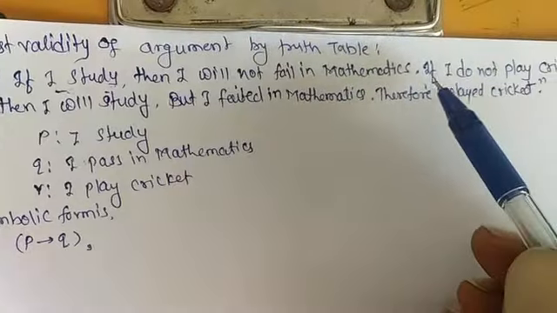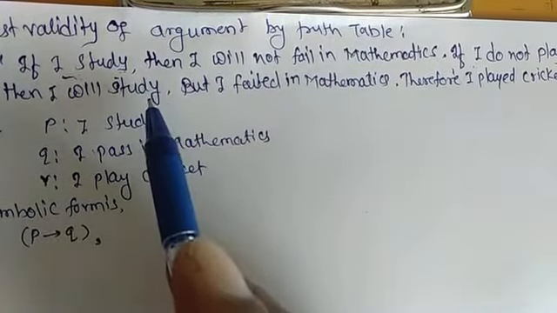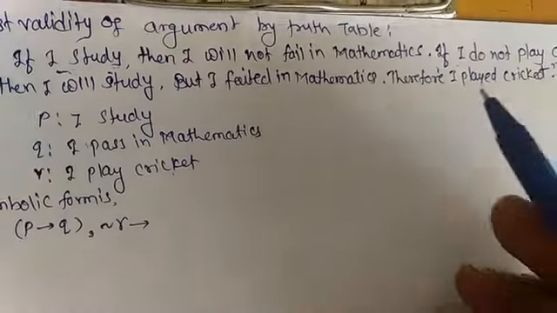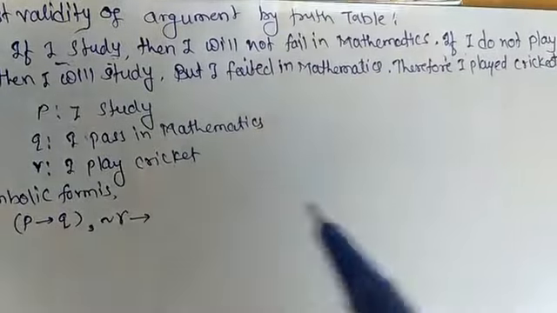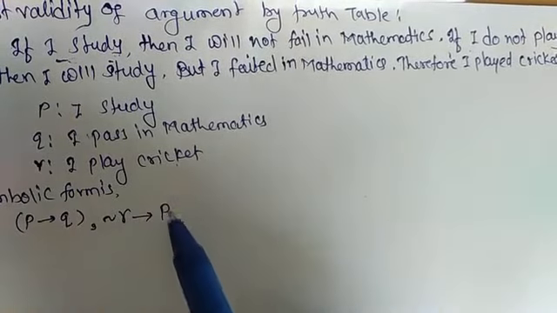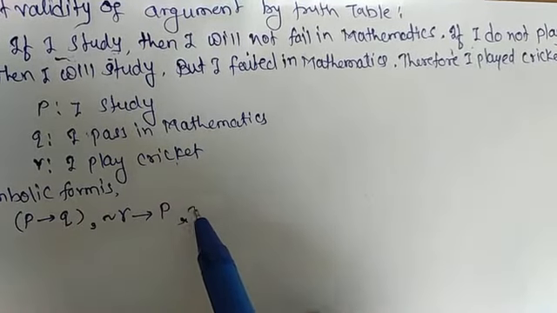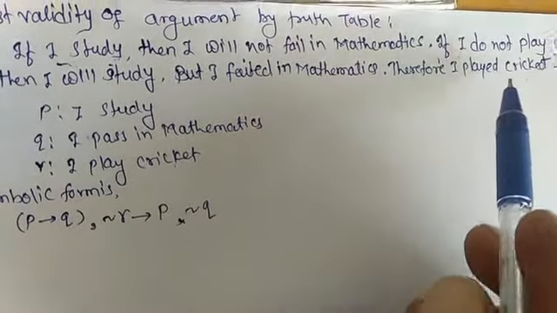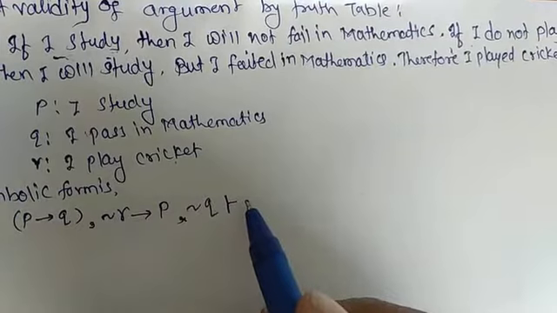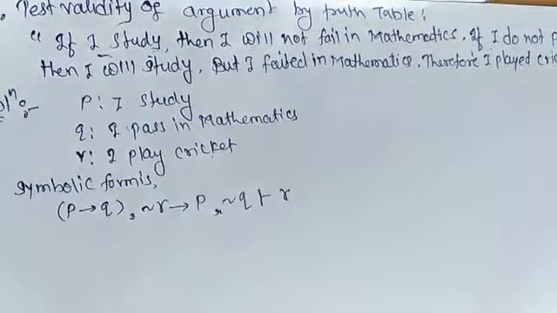Next, if I do not play cricket, the opposite of I play cricket, which is negation of R, implies I will study, which is P. But I failed in mathematics, which is negation of Q. Therefore I play cricket, which means the conclusion is R. So this is the symbolic form of the given argument.